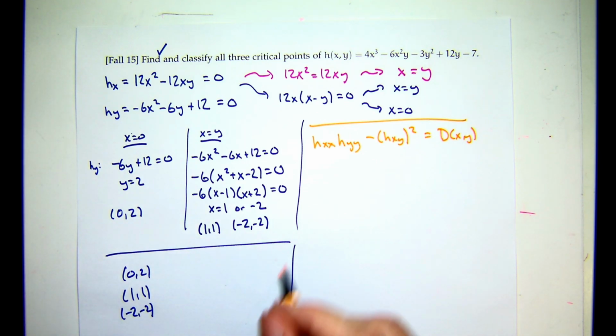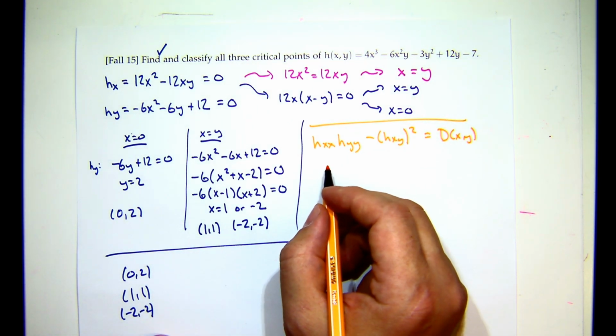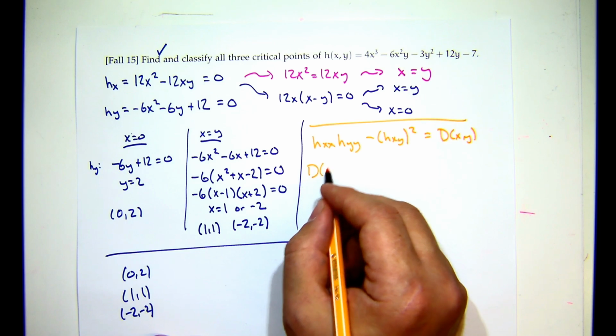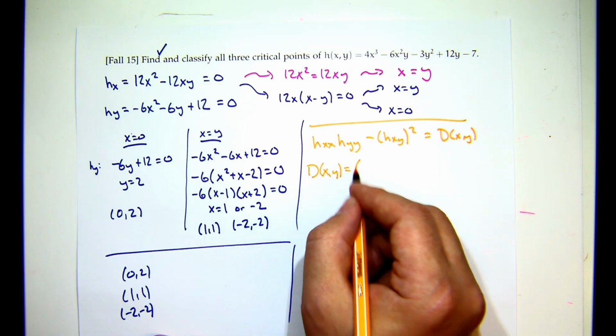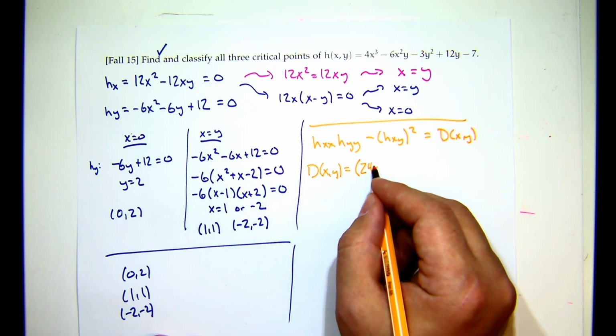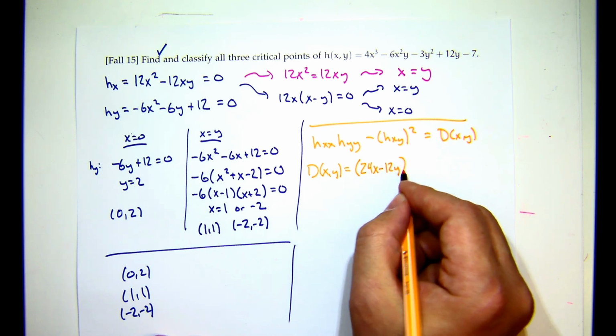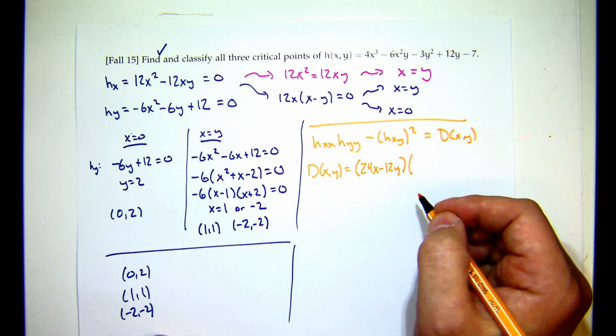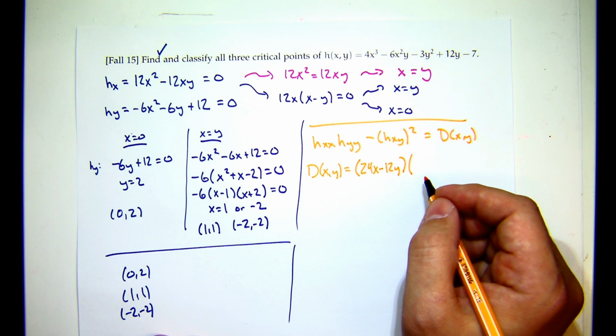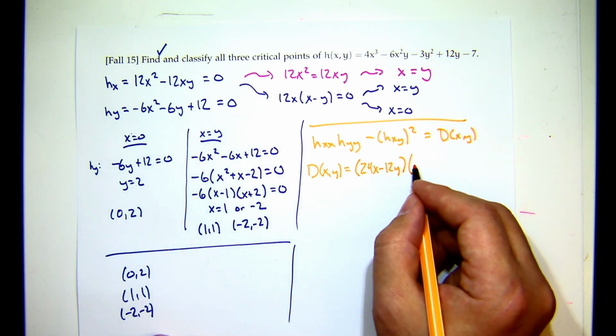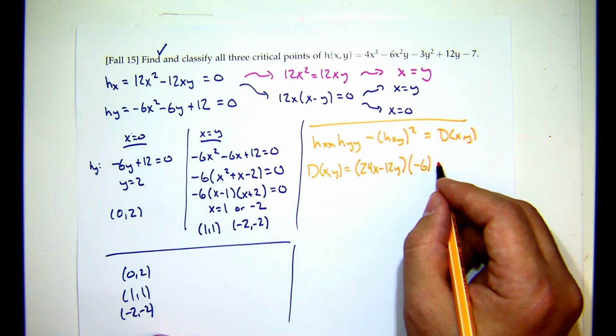All right, well, let's compute these. What is h_xx? Yeah, 24x minus 12y. h_yy? Minus 6, that's promising.